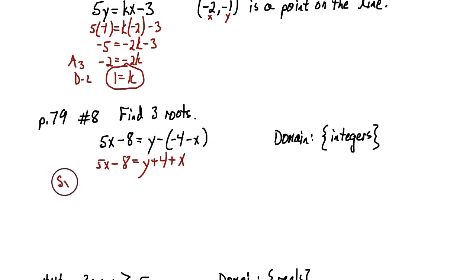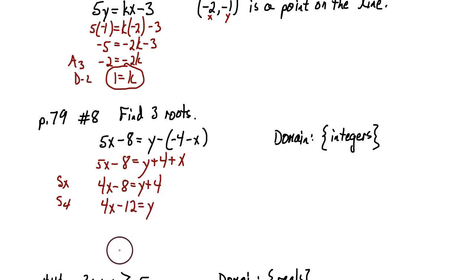Now let's subtract x from both sides. Then subtract 4 from both sides. Now the equation has the letter y alone, and that'll help us to find roots. We could organize them in an xy table.